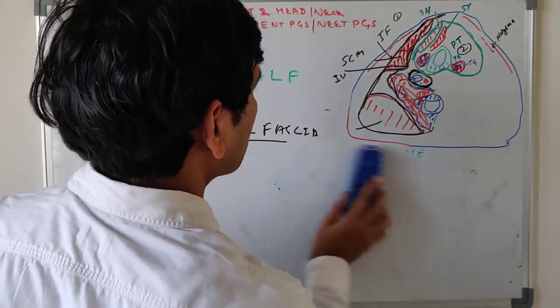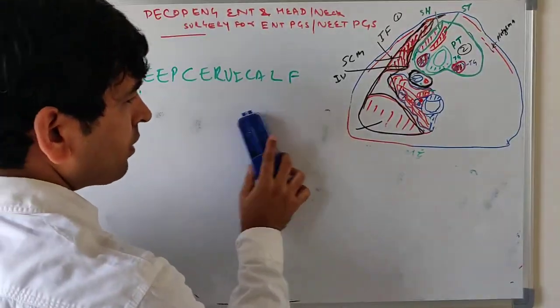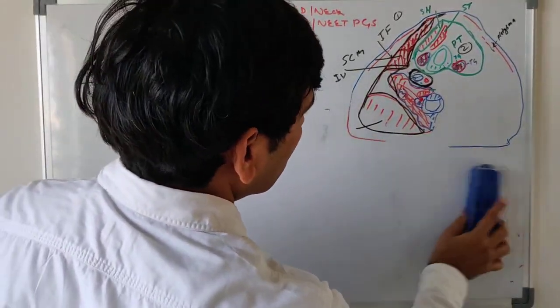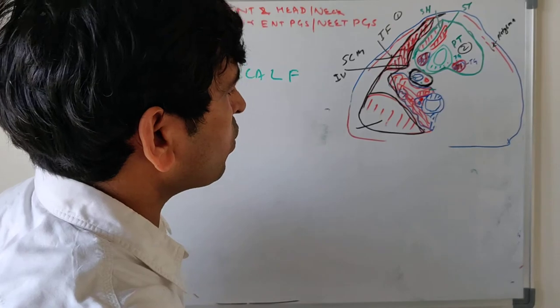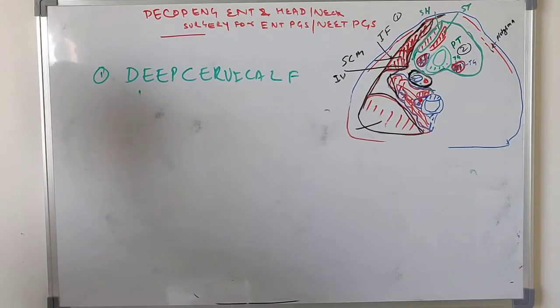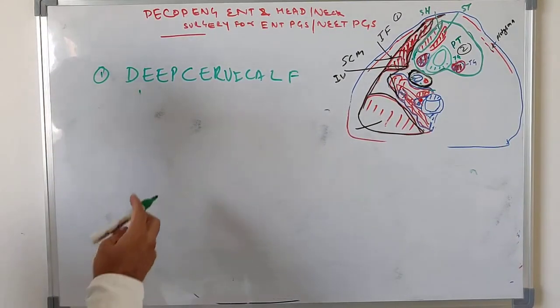Now, this prevertebral fascia extends from the skull base to the T4 vertebra. The important points are only two.